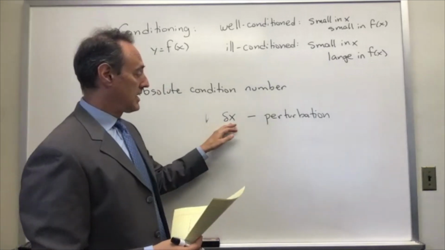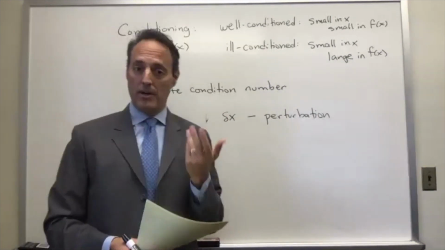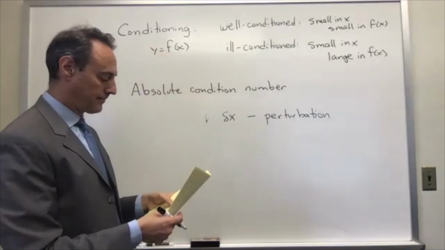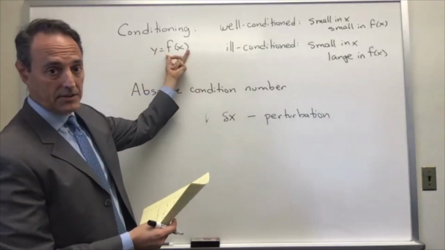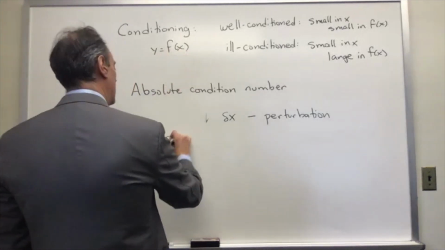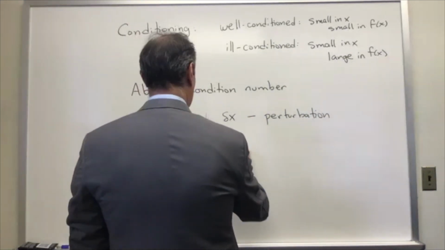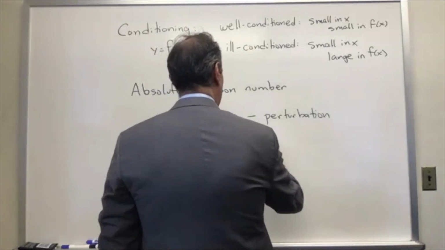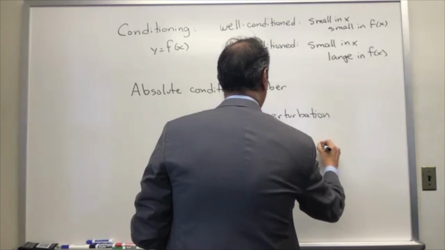So then what I could say is if I change my x a little bit, what I really want to understand is how does it change my output y? Okay, so in other words, how does it change f of x? So what I can look at is in this change, I can define the change in f, which is going to be equal to f of x plus delta x minus f of x.